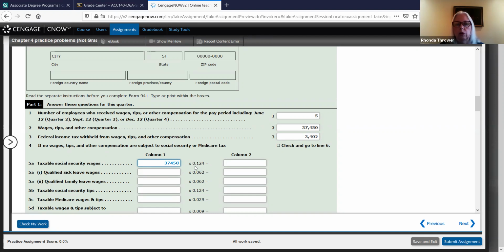Remember, the employer as well as the employee has to pay, so it's doubled here. So take 37,450, multiply it by 0.124, and that gives you the amount of OASDI taxes, which was $4,643.80.